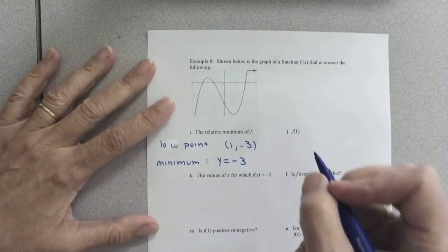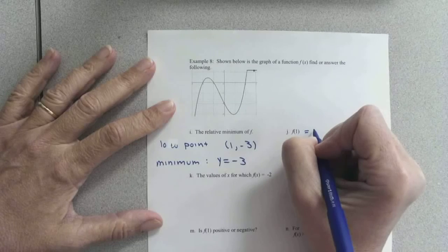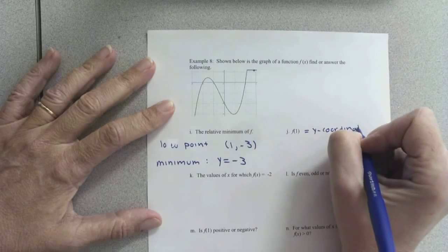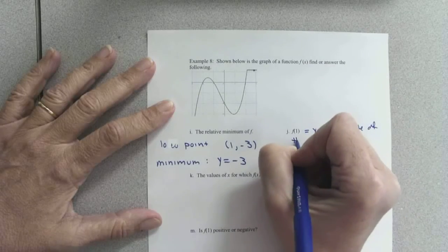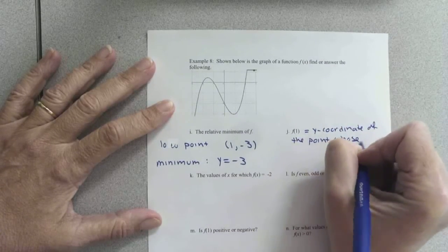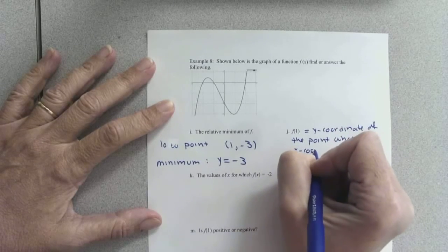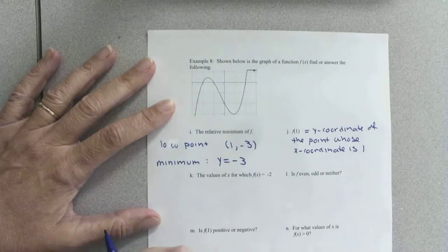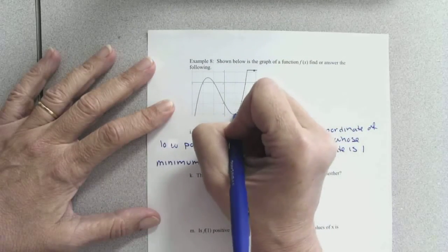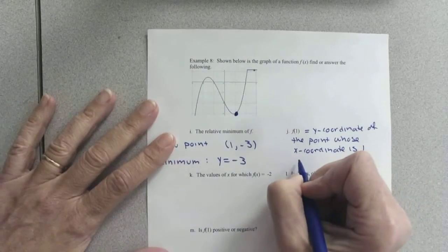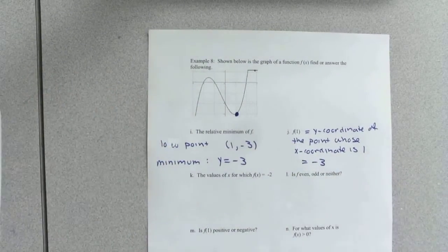F of 1. This is the y-coordinate of the point whose x-coordinate is 1. So I go and look, and it looks right about there, and maybe it's negative 3.